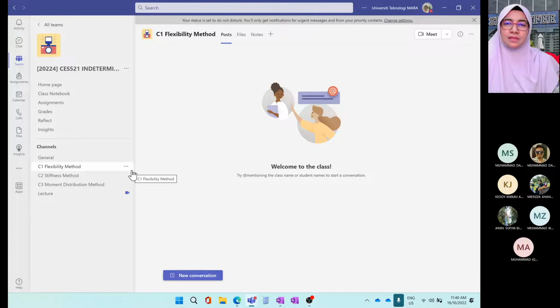We will analyze, even though it is indeterminate structure, this is the method to analyze indeterminate structure, but in the procedure, when we analyze structure using flexibility method, we actually divide the system into two or three determinate structures. And analysis tu kita akan buat using determinate structure.